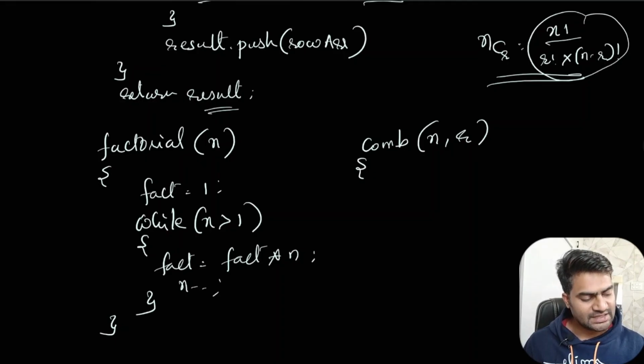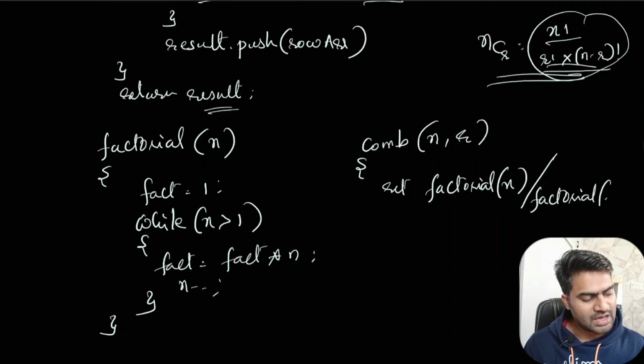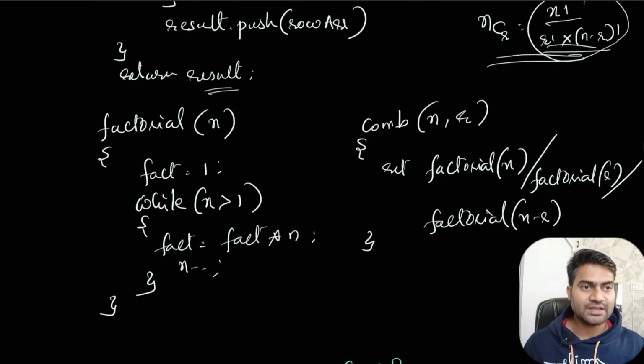I will say return factorial n, divided by factorial r, then again one more divided by factorial n minus r. So this way it will give us the combination, correct, right?